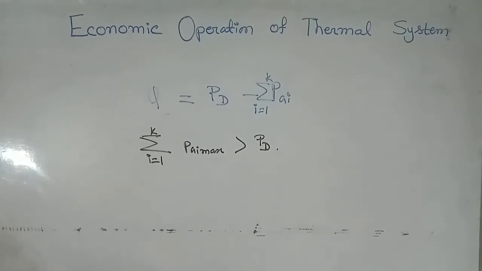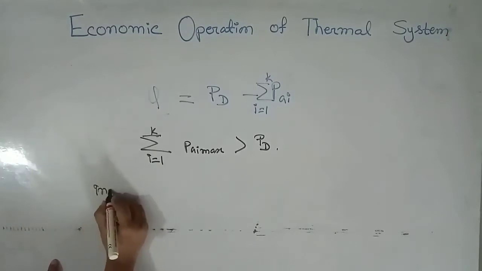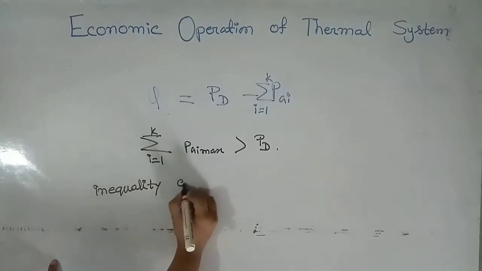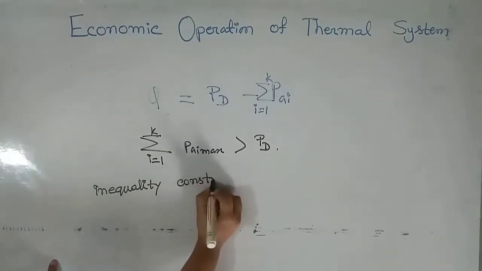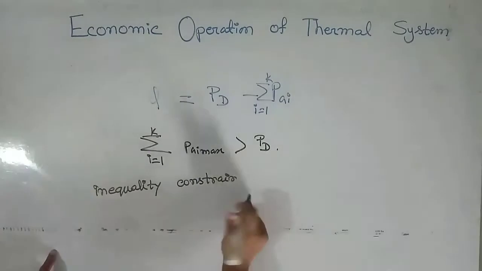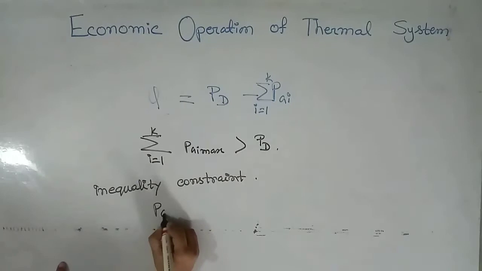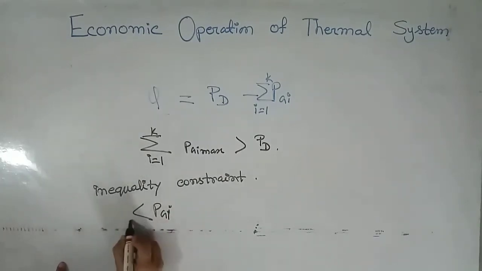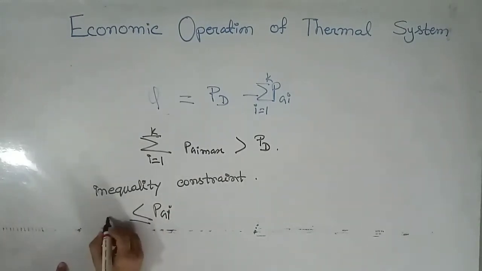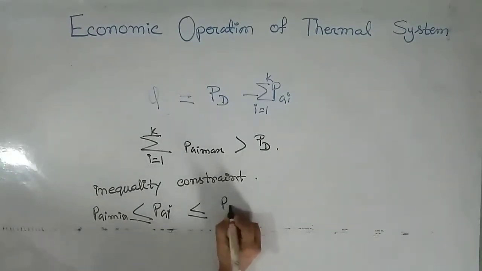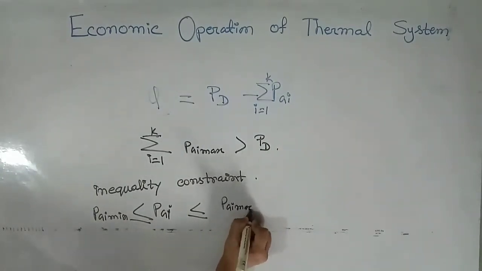So what is PGi max? Now there is another inequality constraint, that PGi should be greater than or equal to PGi min, the minimum value, and should be less than or equal to PGi max, the maximum value.